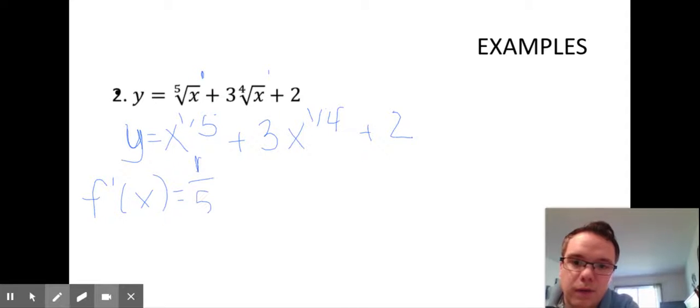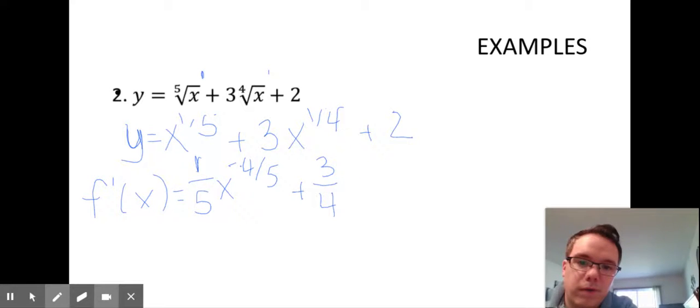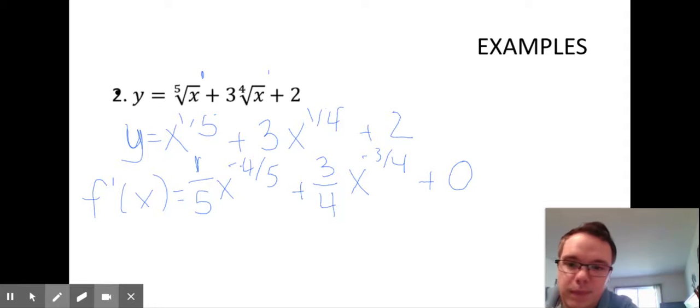So we're going to get 1/5 of x to the, and 1/5 minus 1 is negative 4/5. And if I bring my 1/4 down and multiply it by my 3, I get 3/4. And 1/4 minus 1 is negative 3/4. And then the derivative of 2, remember, is 0.